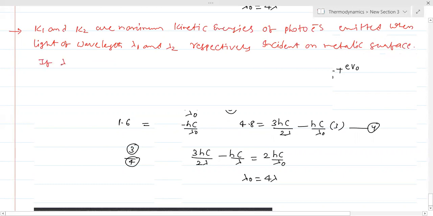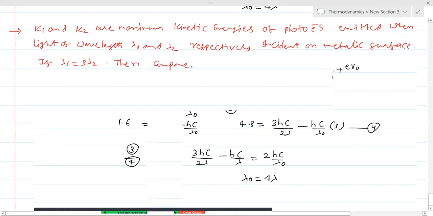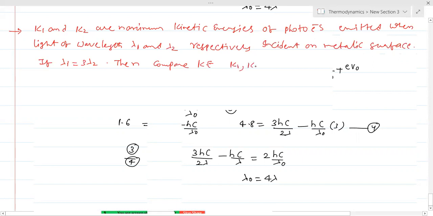If lambda 1 equivalent to 3 lambda 2, then compare the kinetic energies K1, K2.